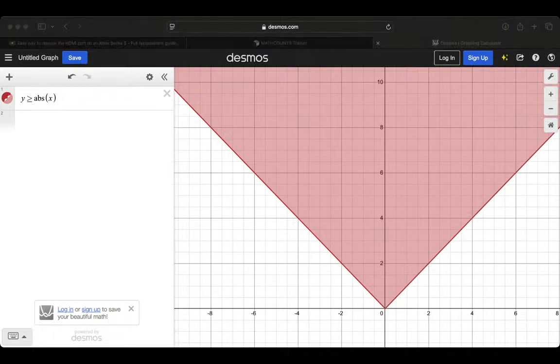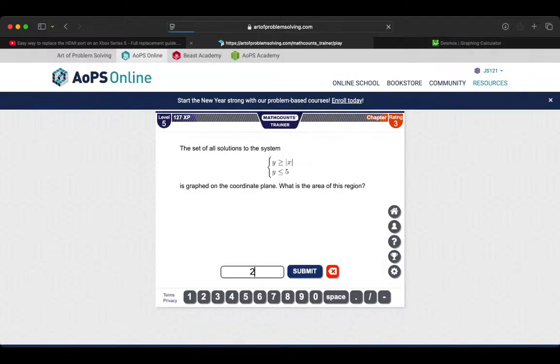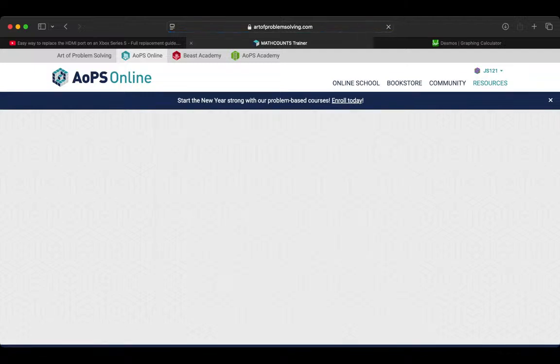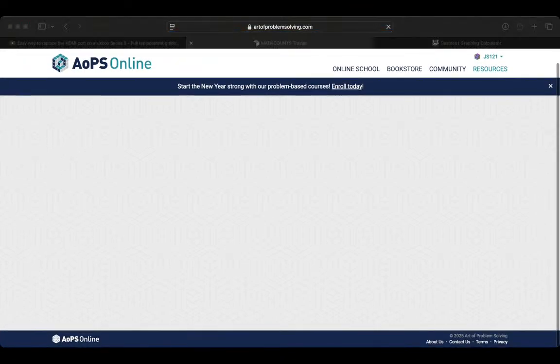If it's going up 5, it's going across 10 because it's absolute value, right? So it's going to be 1/2 of 10 times 5. Okay, so it's just 25. Is it 25? What just happened? Alright, I'm just going to reload. Hopefully I get this, but it should be 25.